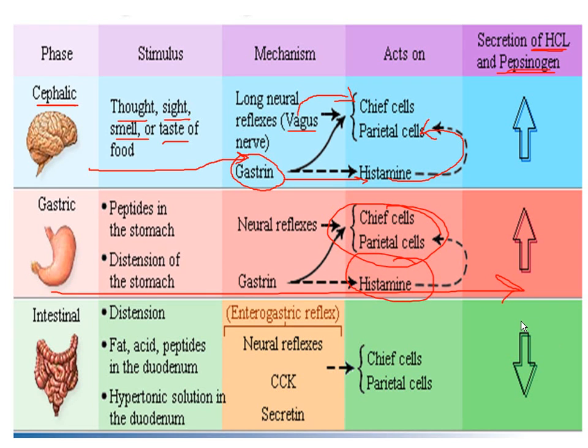So we're just getting more and more. And again, once we convert that bolus into chyme, some of that chyme begins to enter the duodenum. That stretches the duodenum, and then just the chemical presence of certain things in the duodenum stimulates the intestinal phase. So we're going to use a reflex.